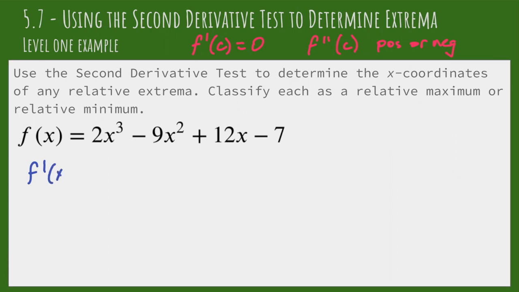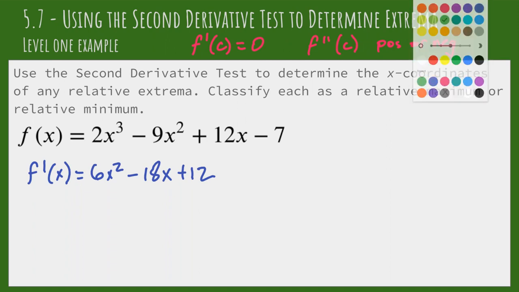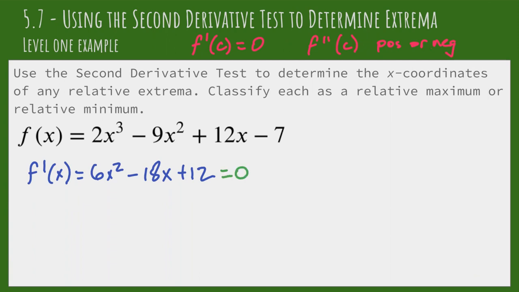So the first derivative is going to be 6x squared minus 18x plus 12. And a common mistake with the second derivative test is to think that everything we're going to do has to do with the second derivative. Really, the first piece of information we need, though, is where the first derivative is equal to zero. So we're going to start there. We set that equal to zero.